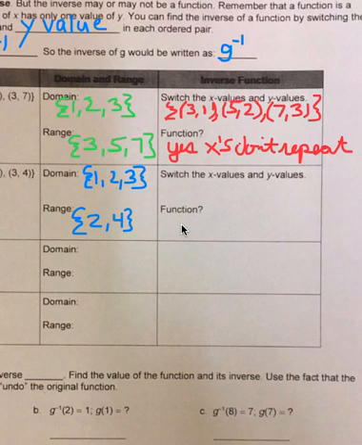We want to switch our x values and y values. So our ordered pairs become 2, 1, 2, 2, and 4, 5.